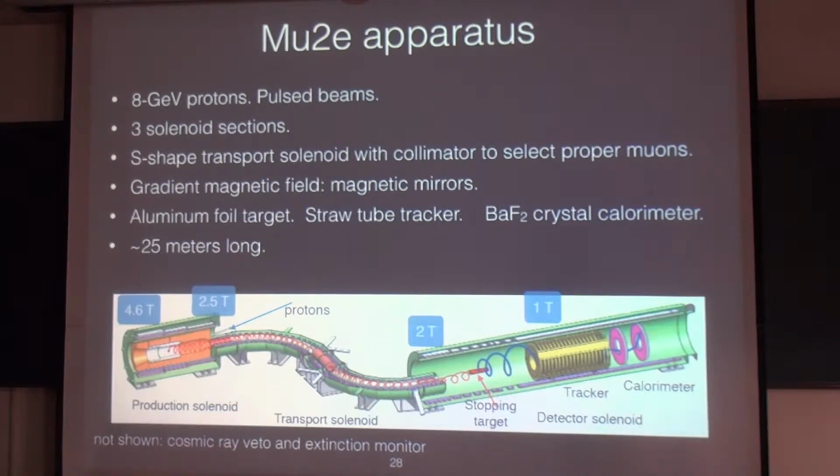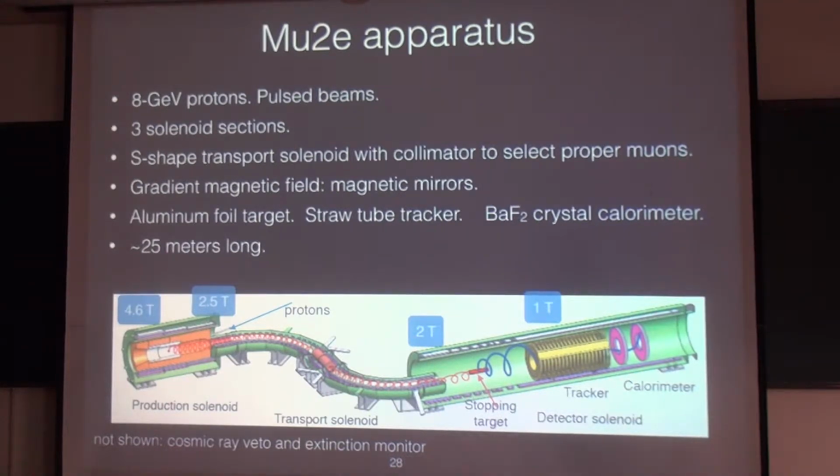The stopping target is a bunch of aluminum foil; the muons stop here and get captured, and hopefully there will be a signal coming out, or a lot of electrons will come out here, and again it's a gradient magnetic field.